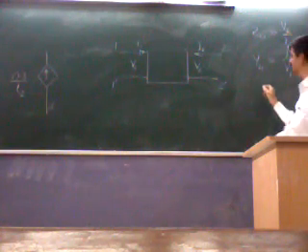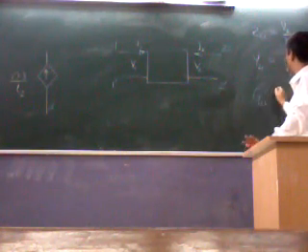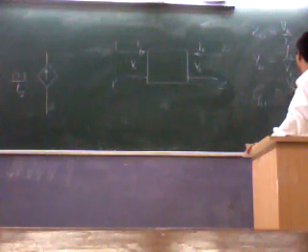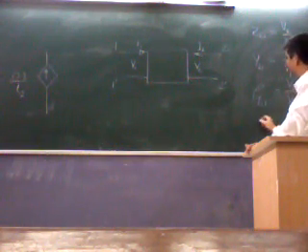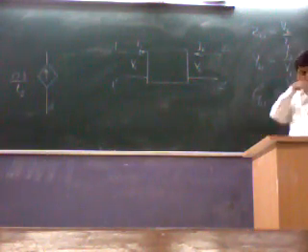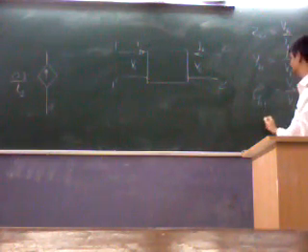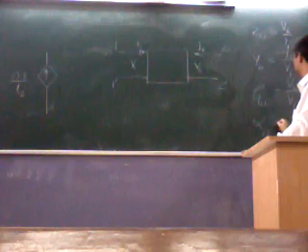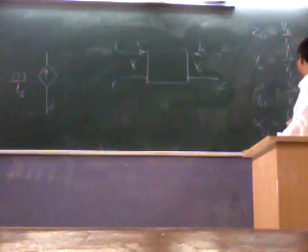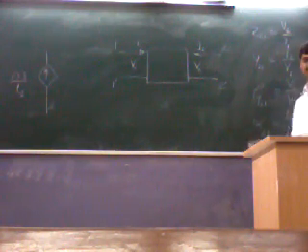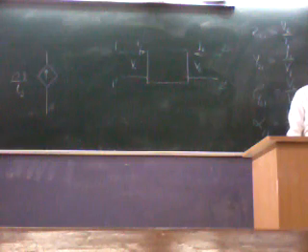Then we have G21, or G12, it is voltage gain, V2 upon V1. And there is another one called current transfer ratio, where alpha is I2 upon I1.